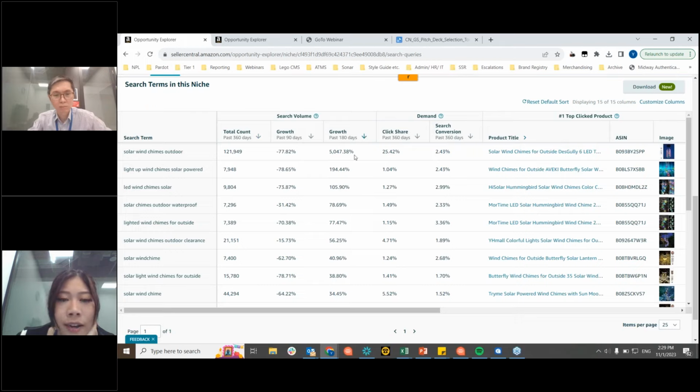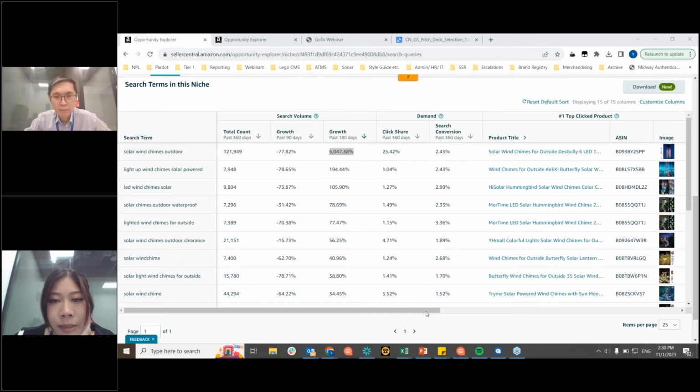It seems like there are 5,000% increase in solar wind chimes outdoor. Maybe it's heavily influenced by the competitor ASIN that I showed you earlier on, but this is something that you can potentially advertise in if you feel like you're better than the competitor, or you feel like it's really similar and you can play on the price, right? So search volume is one.